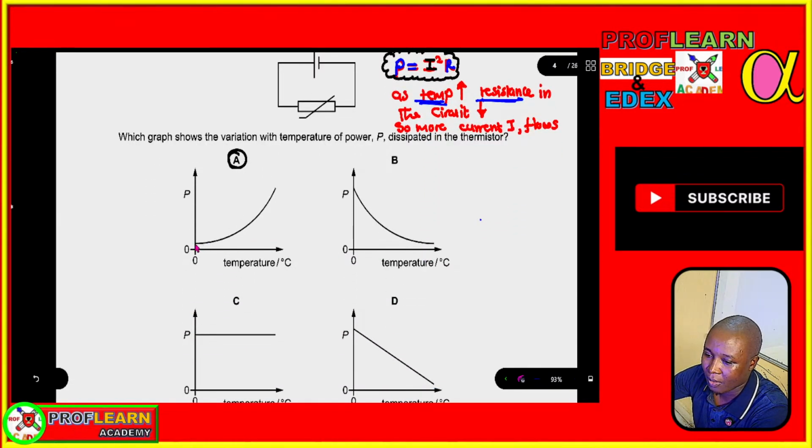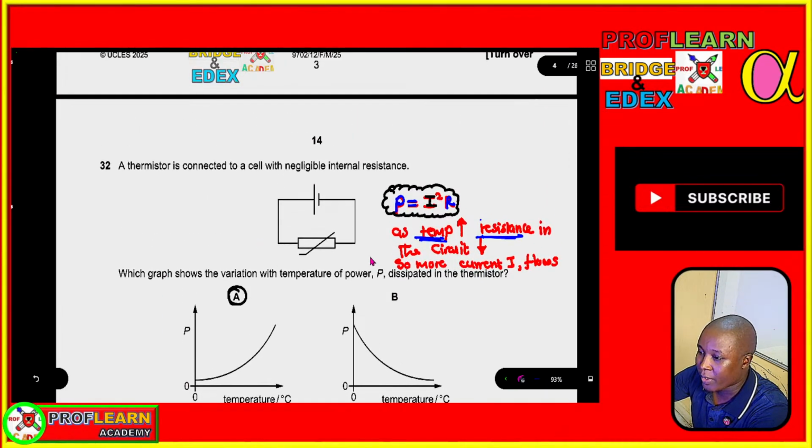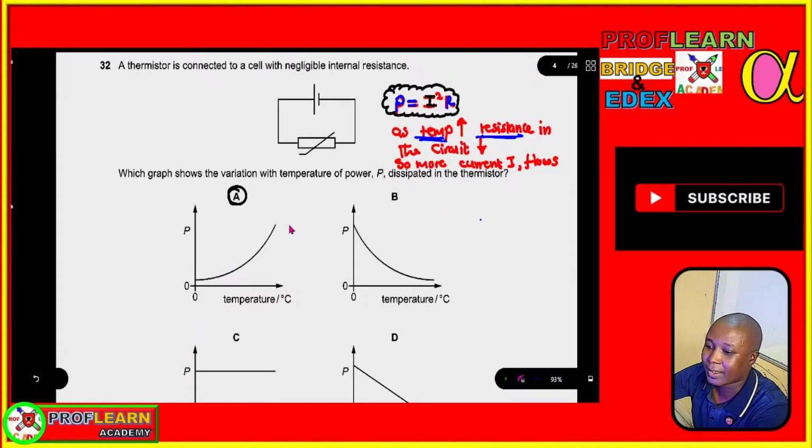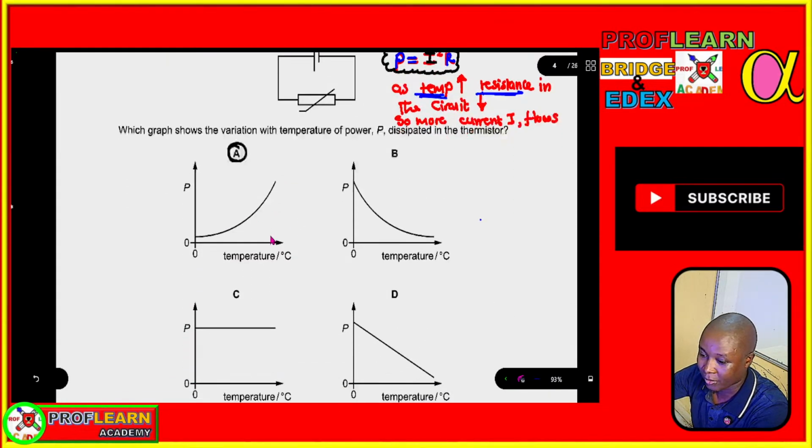The reason power is going to increase is because when you increase temperature, resistance decreases, then current is going to increase. And since power is I squared R, this graph is going to look like this. So we shall have option A.